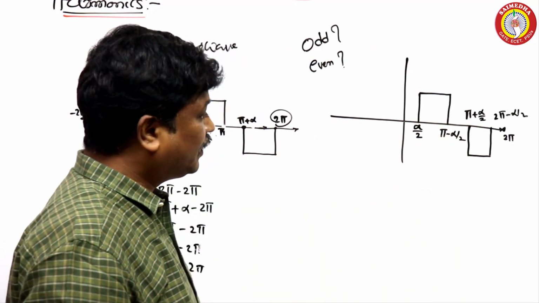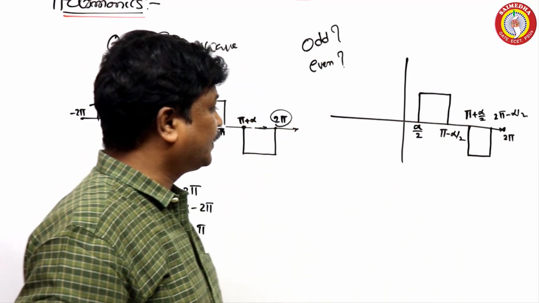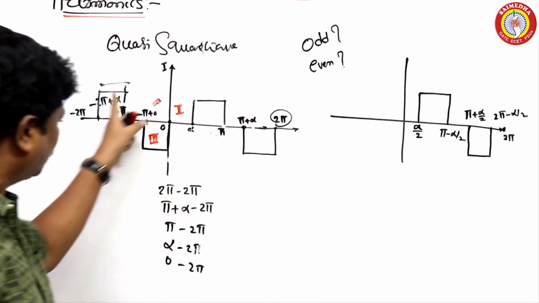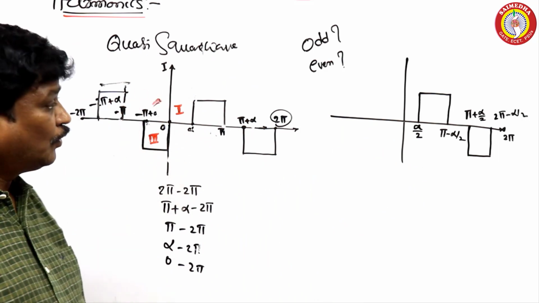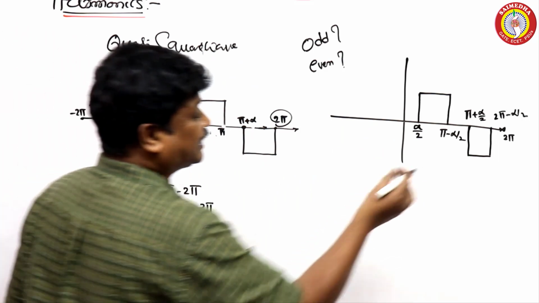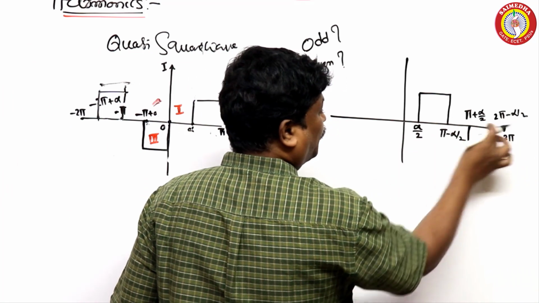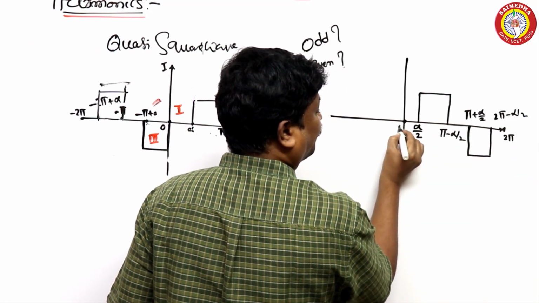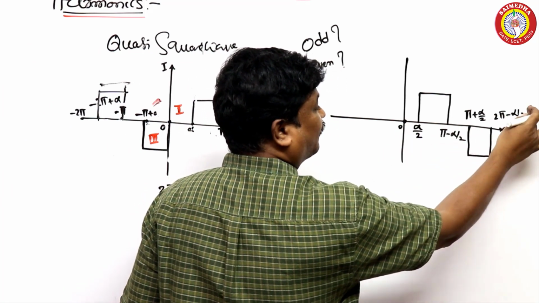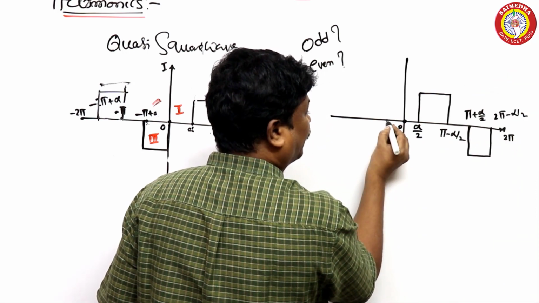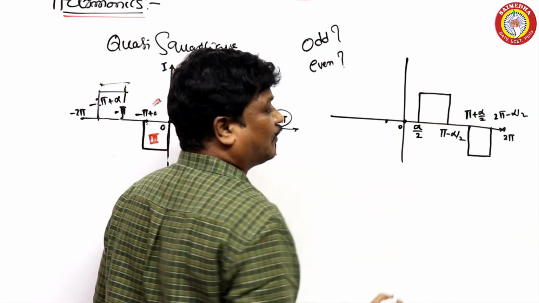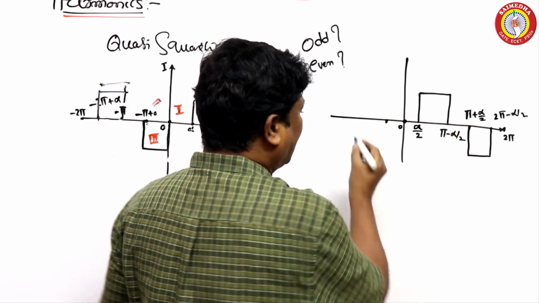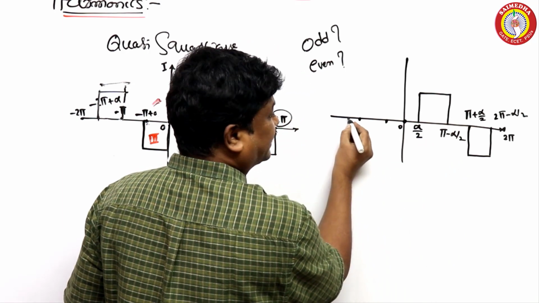Now, if you project here, the same thing as in my procedure, what are we going to get here? This period, 2 pi minus 2 pi, this is 0. 2 pi minus alpha by 2 minus 2 pi gives minus alpha by 2. And again you can take the output here.